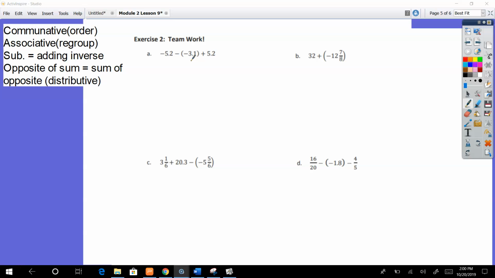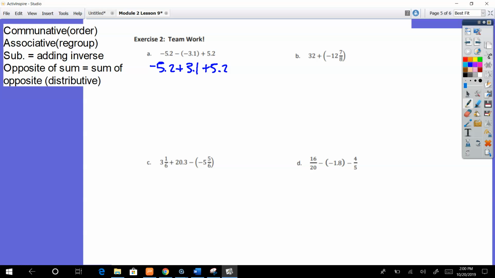I'll go along with you on this one. They may say, I see subtraction there. The first thing I need to do is change it to addition so that I'm able to move my stuff around. So instead of subtracting 5.2, we're adding its inverse: 3.1 plus 5.2.